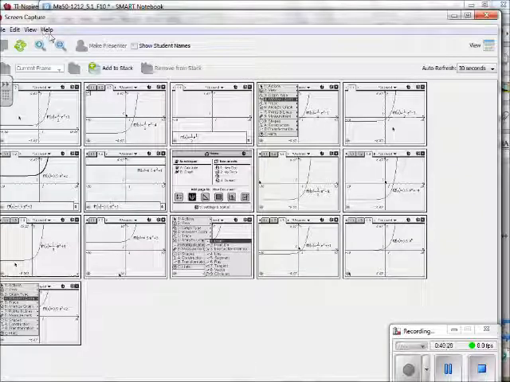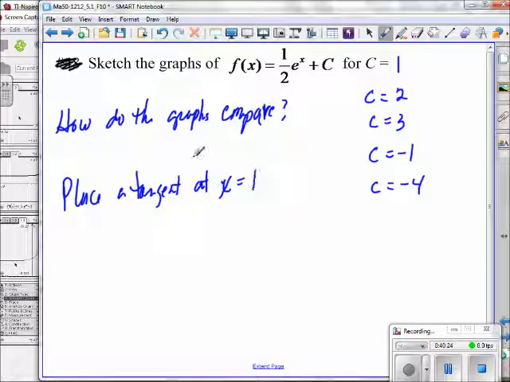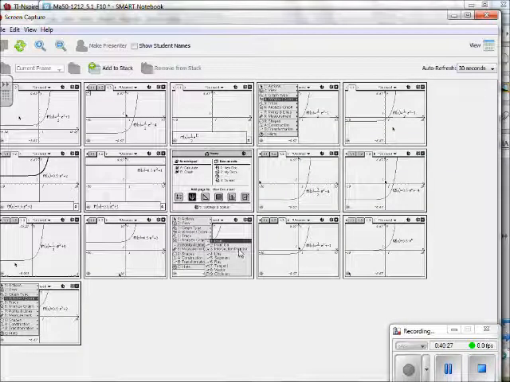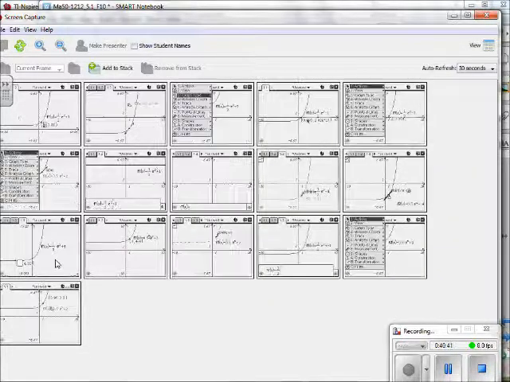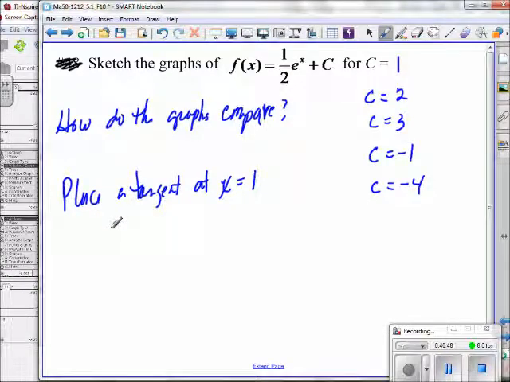What would be easy to do? x is equal to 1. And determine the slope of that tangent.